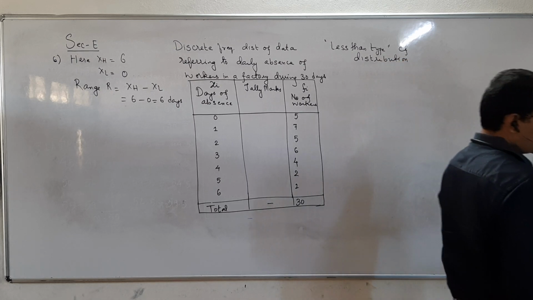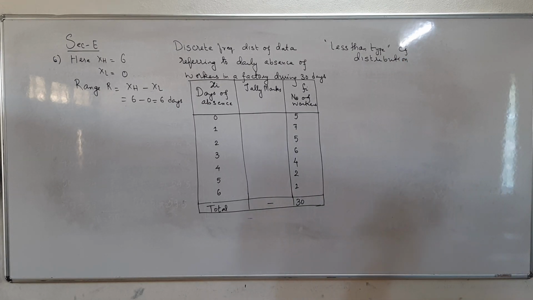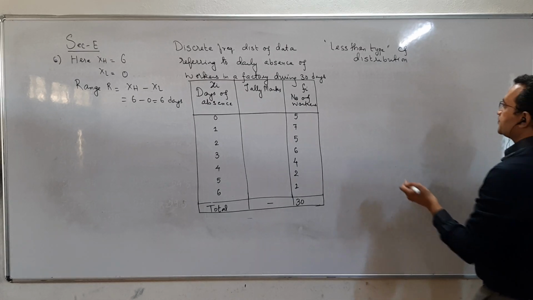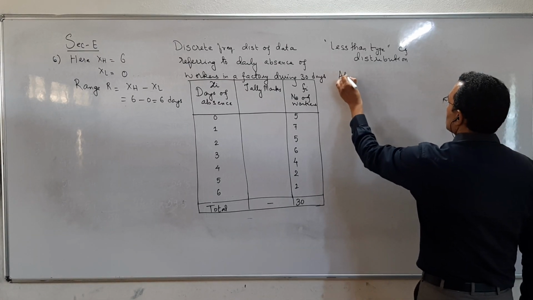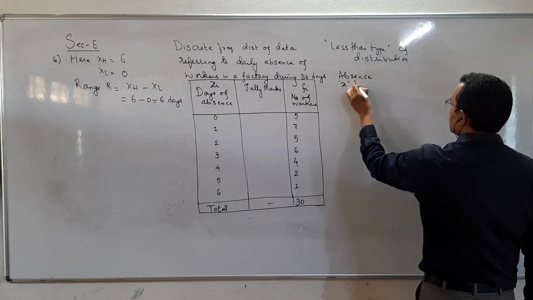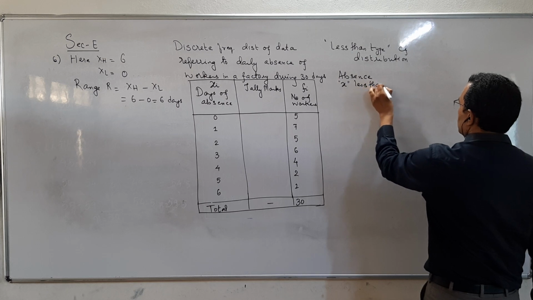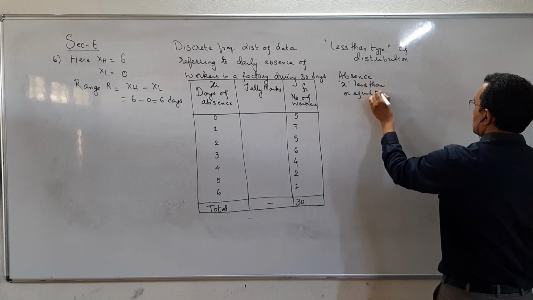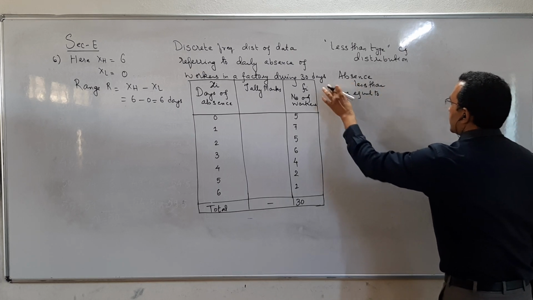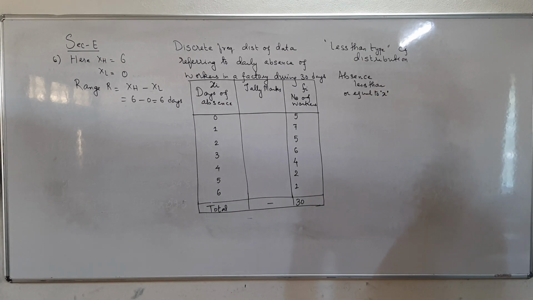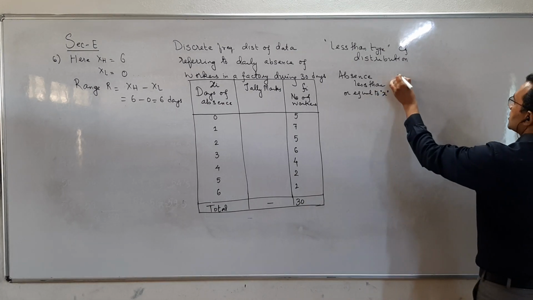In that, the two columns will be absence less than or equal to x, and in the cumulative frequency we write the number of workers.